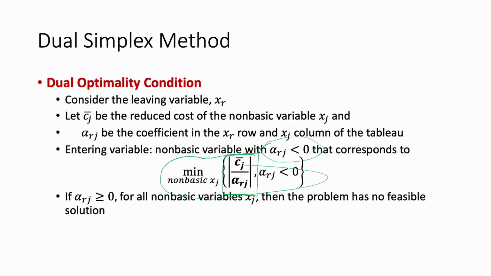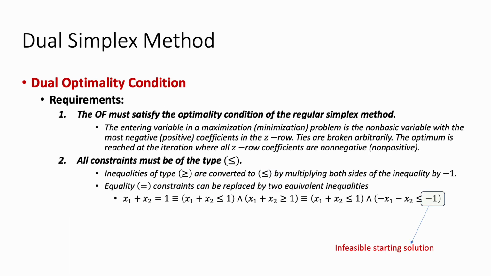So the minimum value for this would give us our entering variable. Now, if alpha sub rj is not negative for all non-basic variables, then the problem has no feasible solution. Okay.